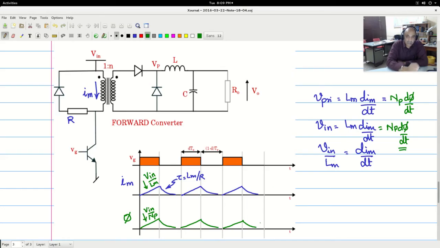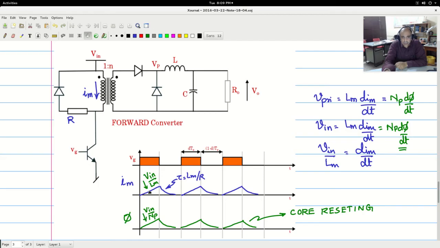Bringing it back to 0 is called core resetting, and it is very essential for proper operation of transformers. Core resetting has to be done whichever be the topology. Once the core is reset at this point, it is ready to begin its journey in the next cycle.